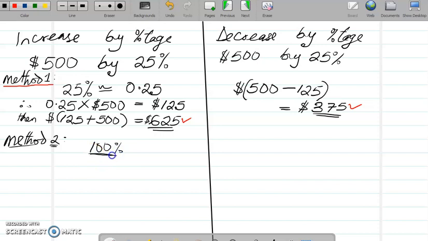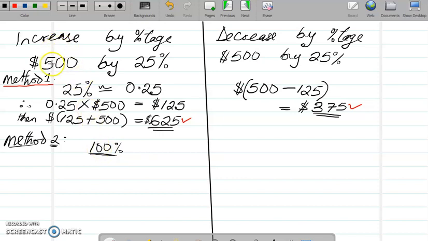So if we are asked to increase, we add the percentage to 100. If you are asked to decrease, we subtract the percentage from 100. I repeat, if you are asked to increase, we add the percentage to 100. If you're asked to decrease, we subtract.